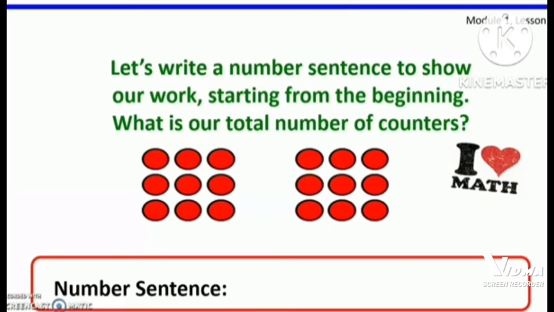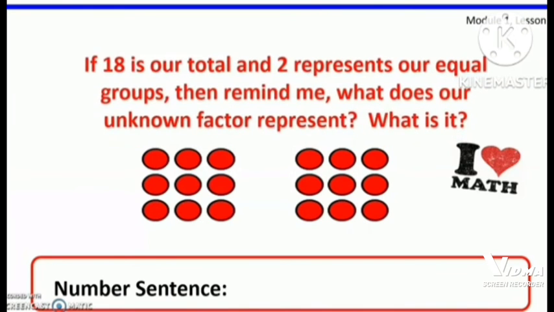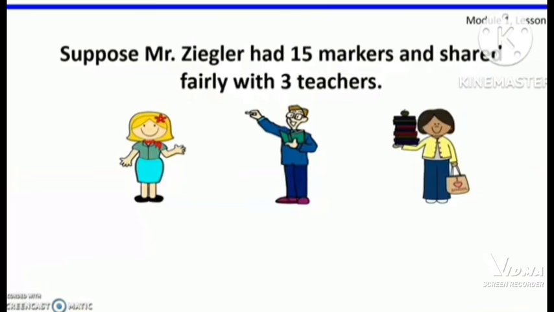We had 18 markers and you had 18 counters, which we shared into 2 and each has 9. We divided our 18 counters into 2 groups and we have 9. The 18 is our total, 2 represents our equal groups. Then the 9 is the size of the group. It is the unknown part we are looking for.